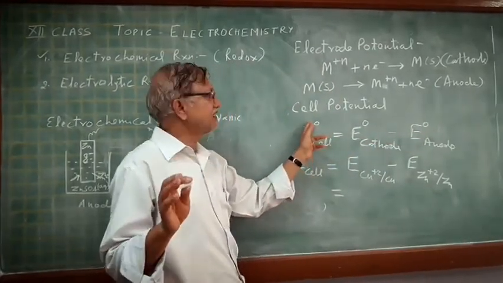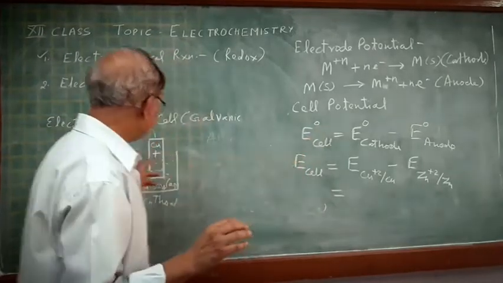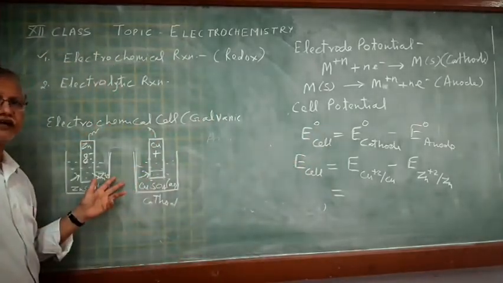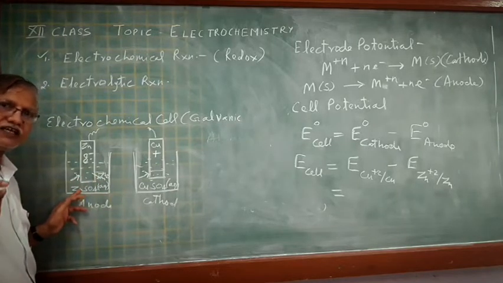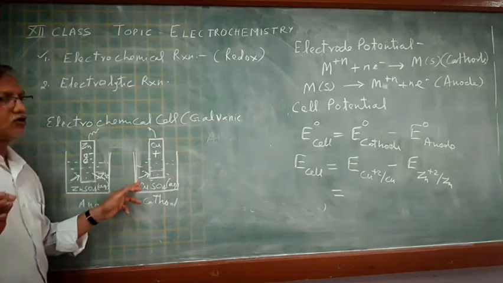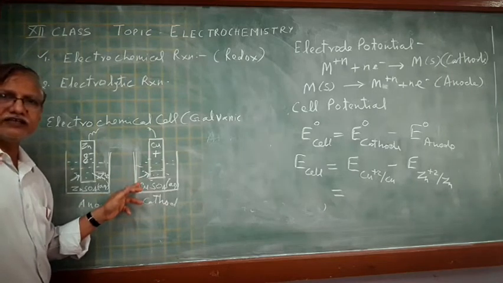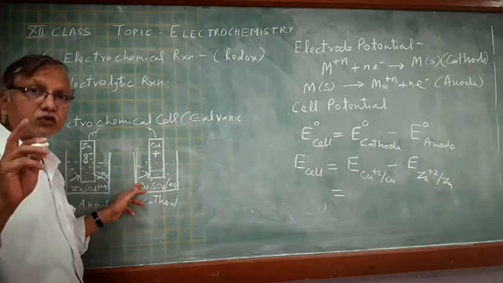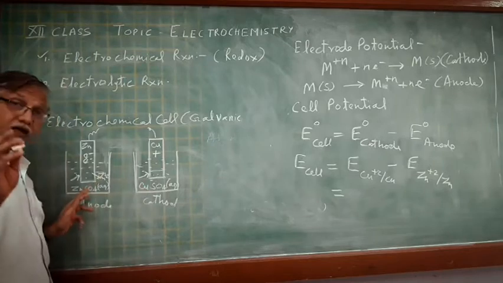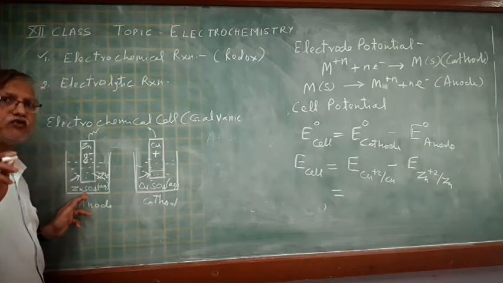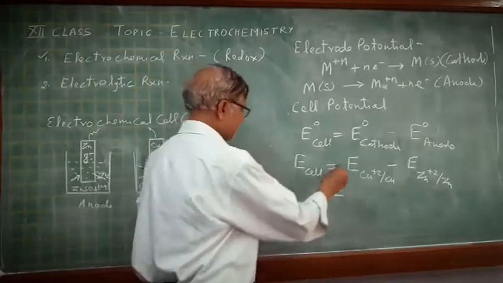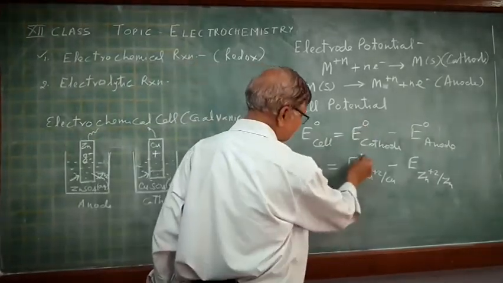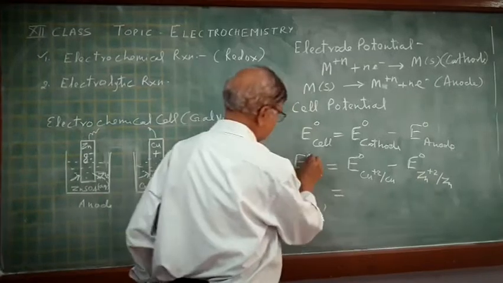For standard state, the temperature of the cell is maintained at 298 Kelvin and the concentration of solution is always taken as 1 molar. So these are the two conditions: standard temperature 298 Kelvin and concentration 1 molar. If we maintain these two conditions, then we use this formula.